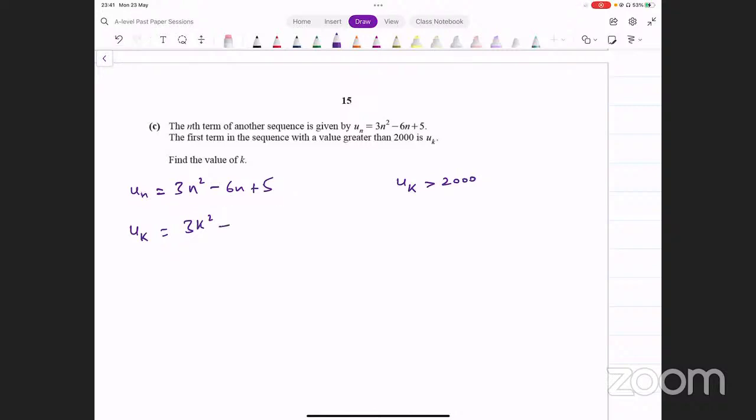That's going to be 3k² minus 6k plus 5. We are basically looking for when this thing is greater than 2000. तो आपने essentially ये inequality solve करनी है, 3k² minus 6k plus 5 greater than 2000.